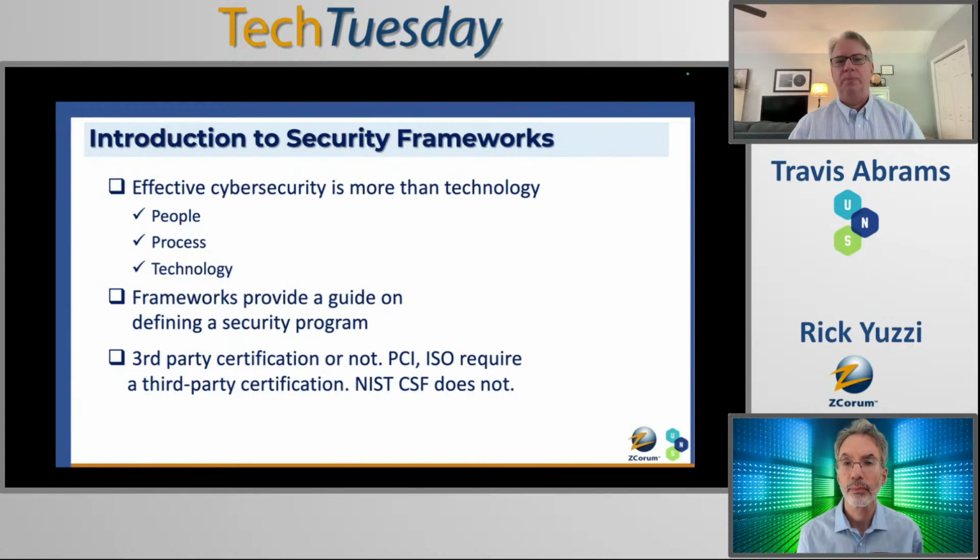ISO is another one that requires a third party to come in and certify you. The NIST cybersecurity framework does not require that. You just have to be able to show that you have the right processes, policies, and technologies in place. But it does not require an outside third party to come in and sign off.